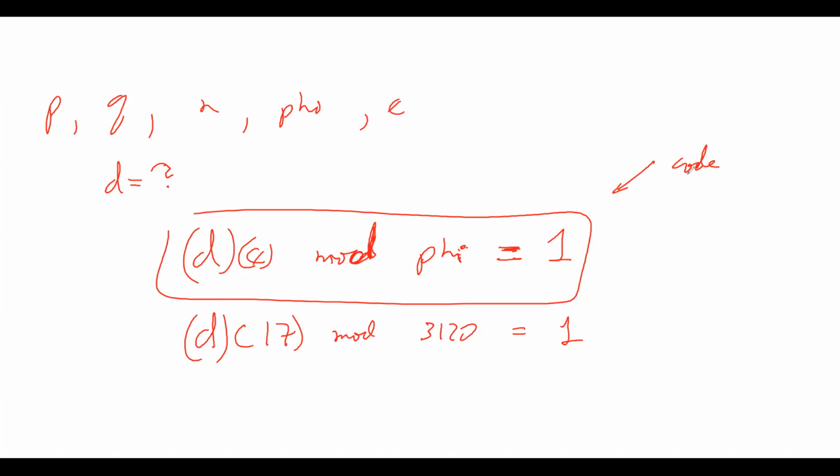So for instance, I might say on the exam, to make your life easier, given D1, D2, D3, tell me the one that should be D. I'm just going to do it for one. So D is 2753.